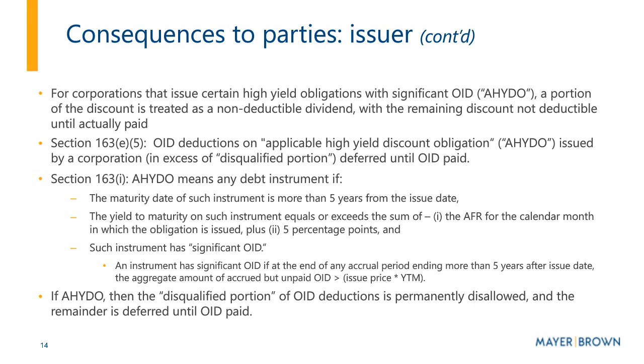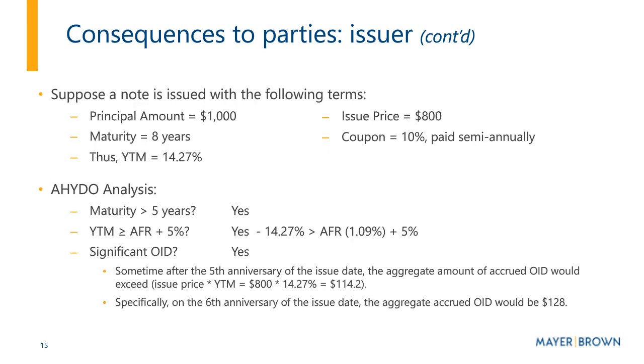So let's do a quick example just to illustrate this. Let's say you've got a note with a principal amount of 1,000. It's issued at 800, so the issue price is 800, and there's a $200 discount. It's got an 8-year term, pays 10% every 6 months as a coupon, and so the yield to maturity, if you plug it into Excel, is about 14%.